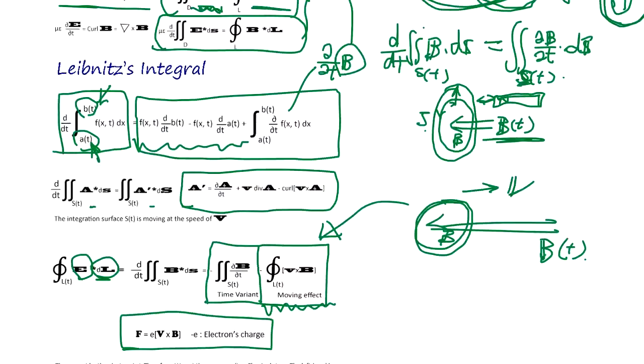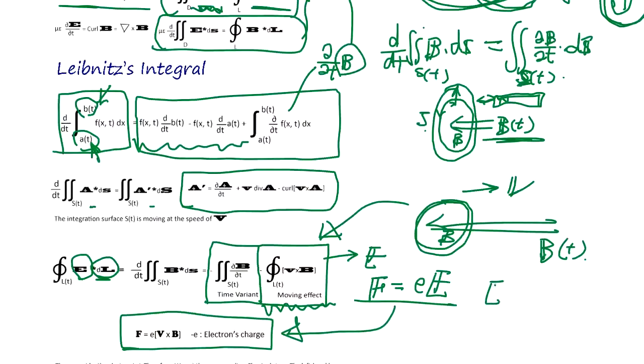This moving effect is a cause of Lorentz force. You got that? Because this generates an electric field, which causes Coulomb's force, and that's what it is. How much electric field is generated by moving at V inside magnetic field B?